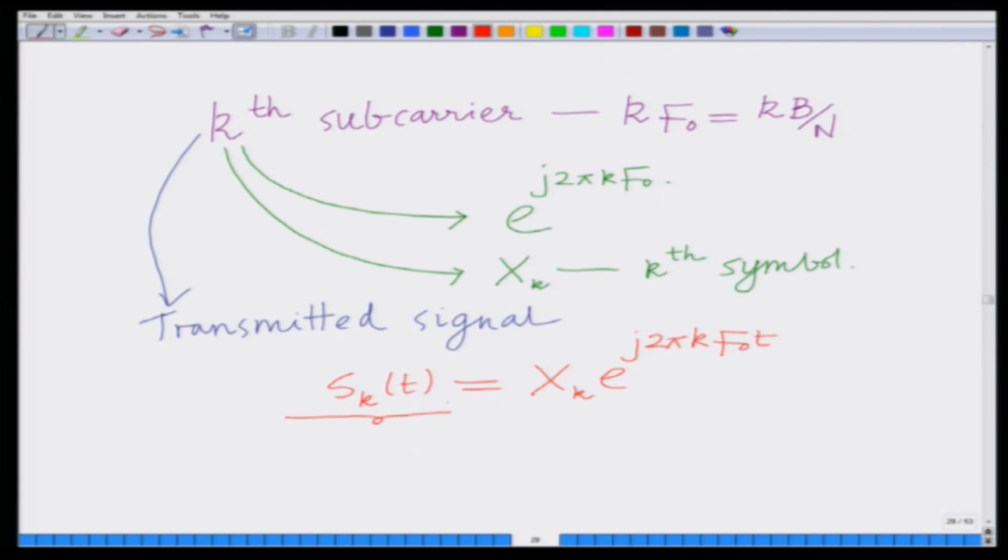This is the signal transmitted on the kth subcarrier.